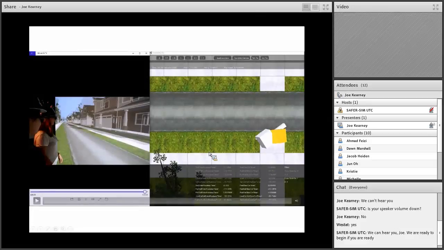So the two different image streams are projected to the individuals. They have shutter glasses on here. You'll see on their face there the shutter glasses, and the shutter glasses are synchronized with the screen so that each one of them sees only one of those two image streams that's projected correctly for their point of view in the simulator.